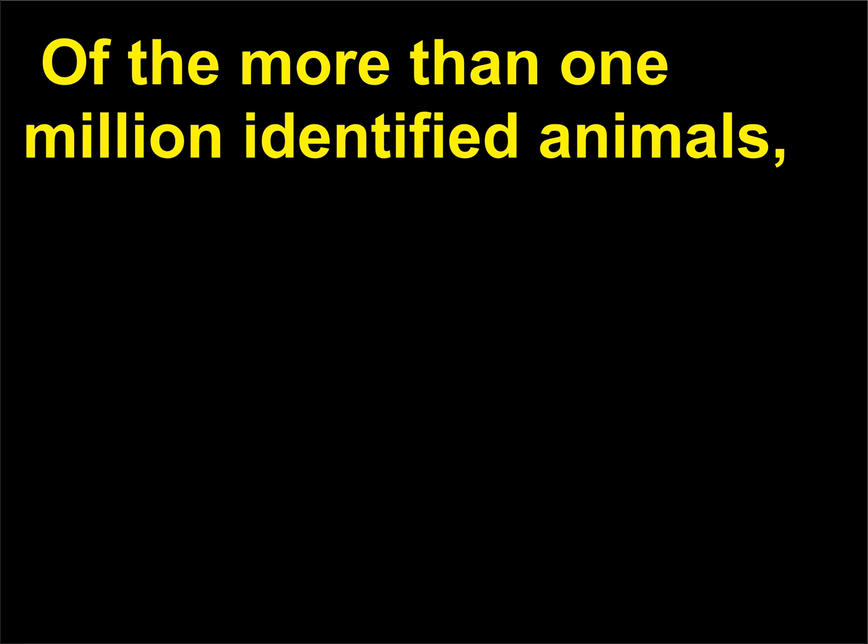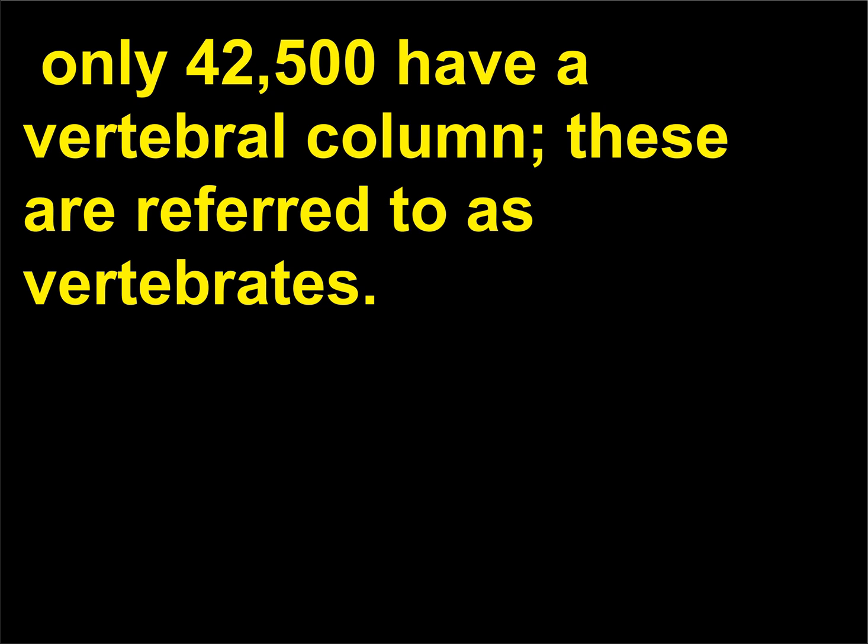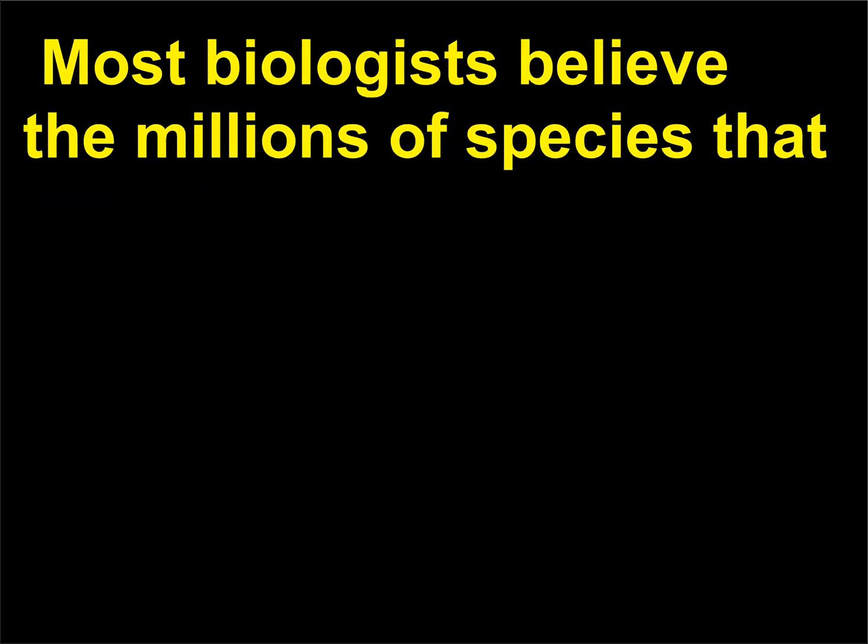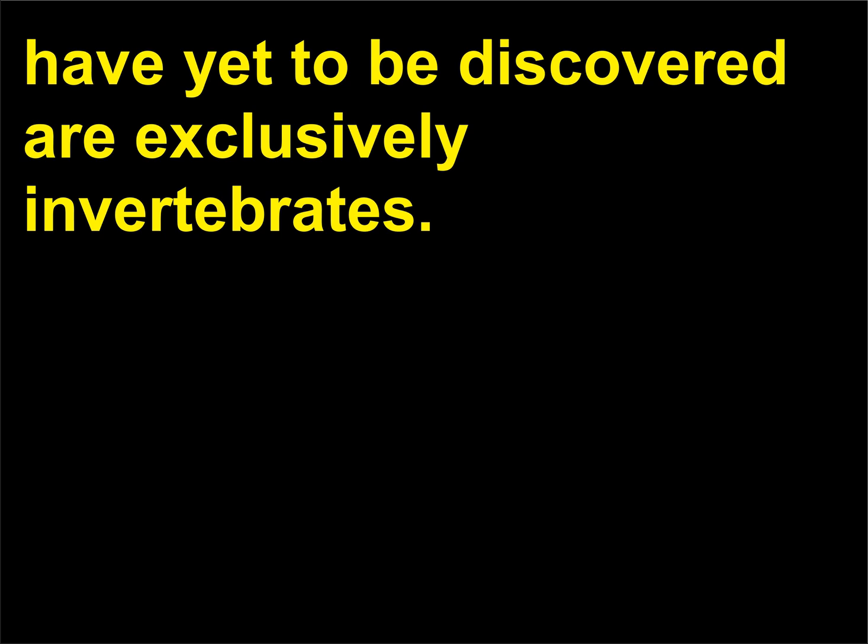Of the more than 1 million identified animals, only 42,500 have a vertebral column. These are referred to as vertebrates. Most biologists believe the millions of species that have yet to be discovered are exclusively invertebrates.